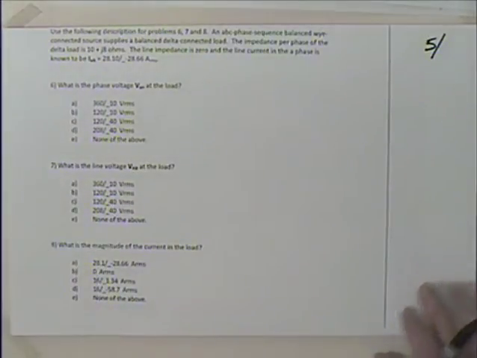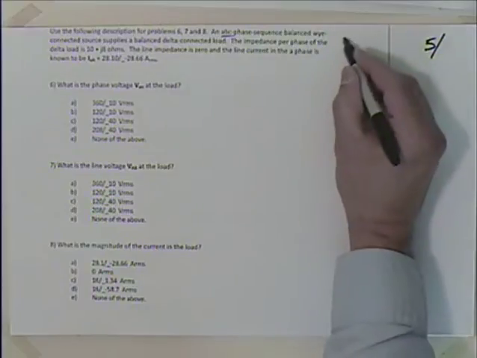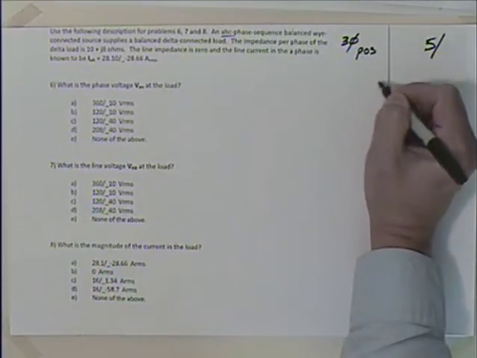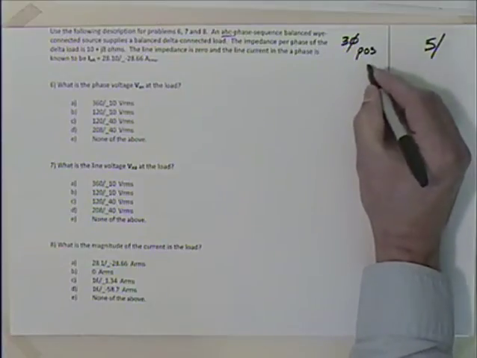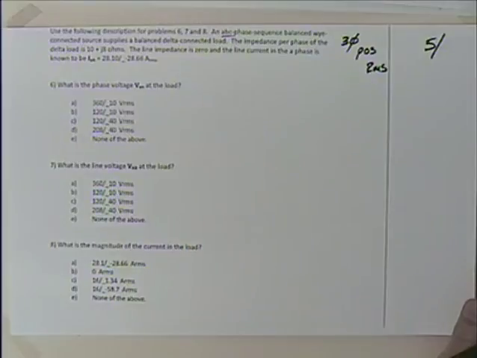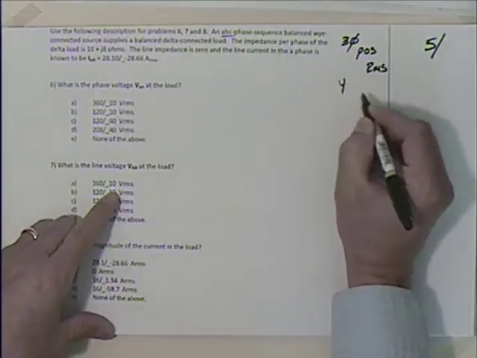Give us page 5 then. We have a positive ABC. So this is 3-phase. It's positive. Remember with 3-phase that it's always RMS unless told otherwise. So some things we want to think about. We've got a Y-connected source that supplies a balanced delta load.